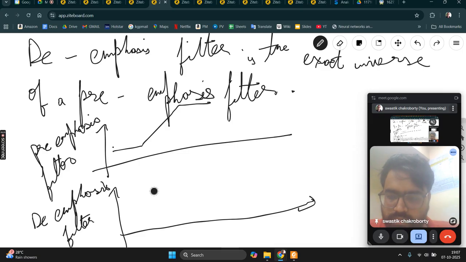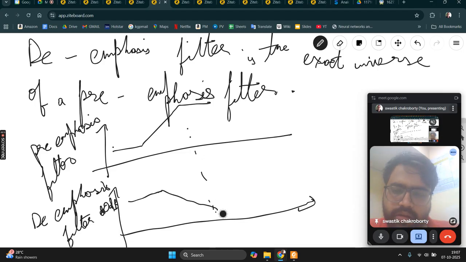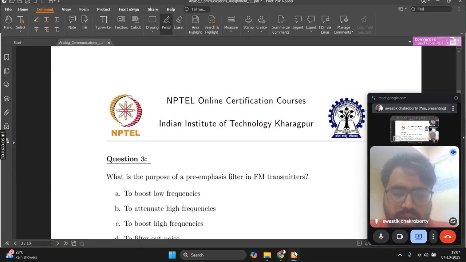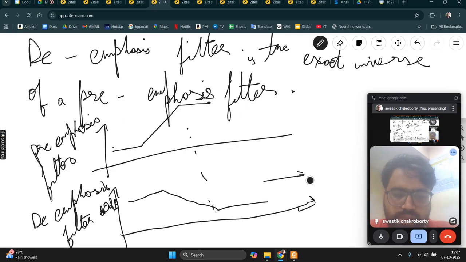Here there is 0 dB, then we will have an inverse gain up to this point and then flat. So this is a de-emphasis filter. It undoes the effect of a pre-emphasis filter, and it is situated at the receiver, whereas the pre-emphasis filter is situated at the transmitter.